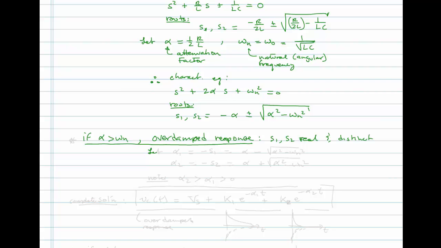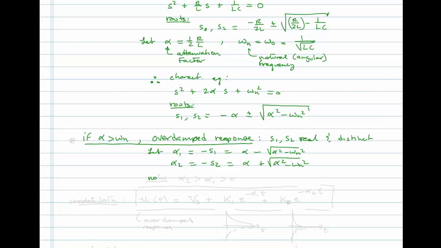We defined alpha 1 as minus S1, which is alpha minus the square root of alpha squared minus omega n squared, and alpha 2 as minus S2, which is alpha plus the square root of alpha squared minus omega n squared.